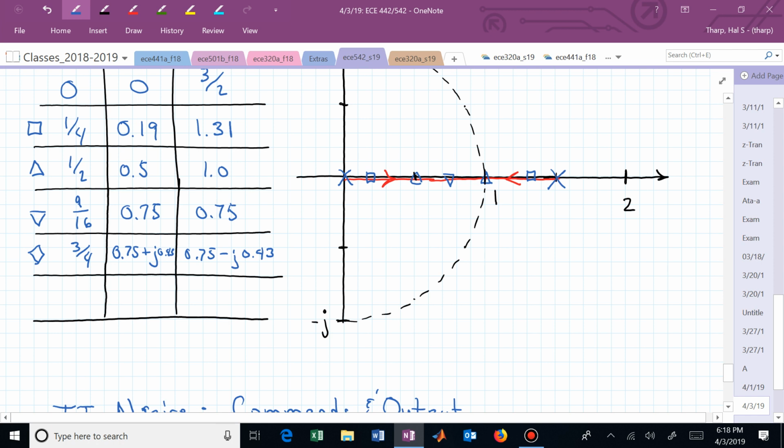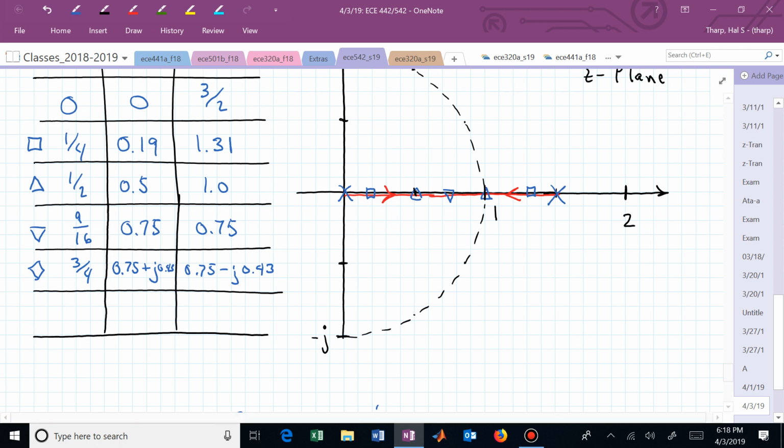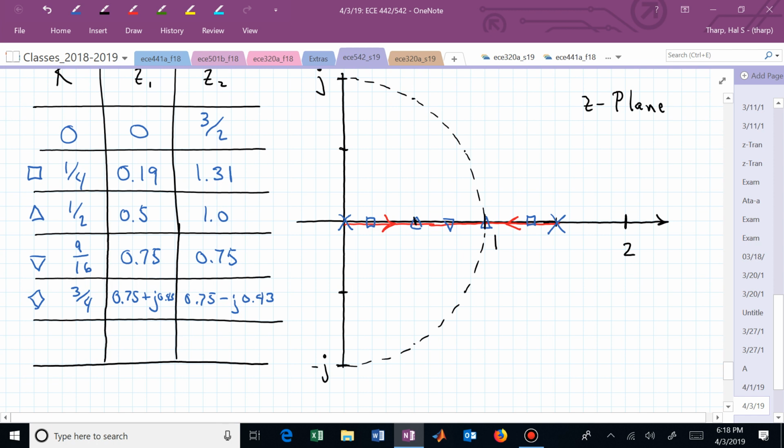You can see that they are fixed on that horizontal distance, equidistant between 0 and 3/2. They're at 3/4. They're always going to be at 3/4 because this is our pattern, two real poles. So that shouldn't surprise us to end up with a real part of 0.75, and now our imaginary part is about 0.43.